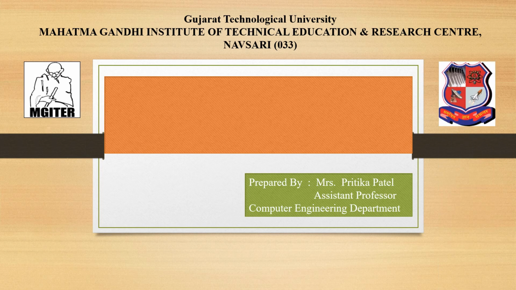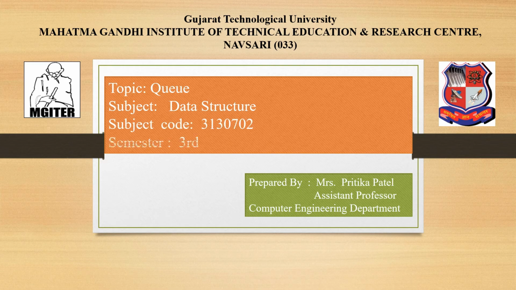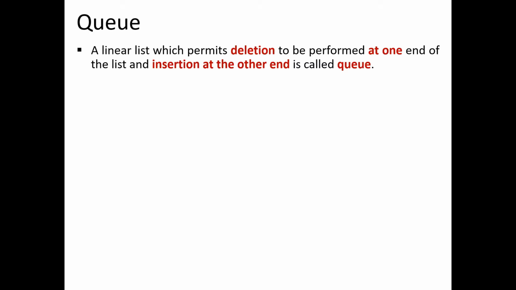Today in this session we are going to discuss Queue, which is a topic of the subject Data Structure for second year, third semester. Now, coming to the point, a queue is a list in which insertion is performed at one end and deletion is performed at the other end. Simply, a queue is a linear data structure in which insertion is performed at one end and deletion is performed at another end.